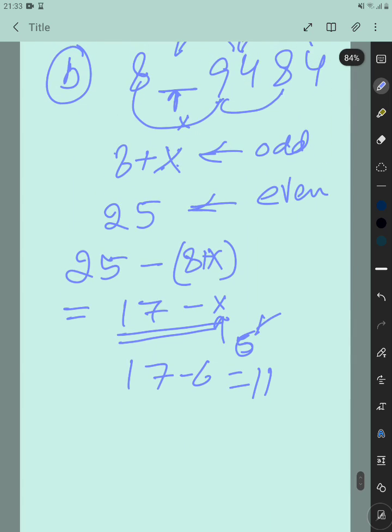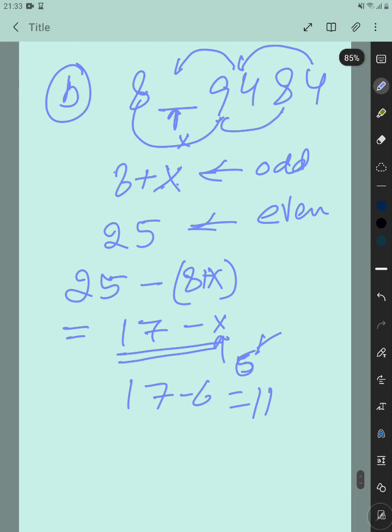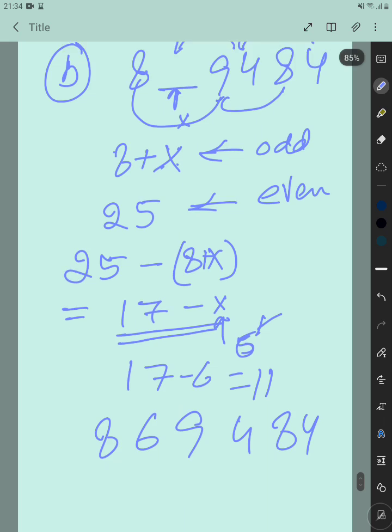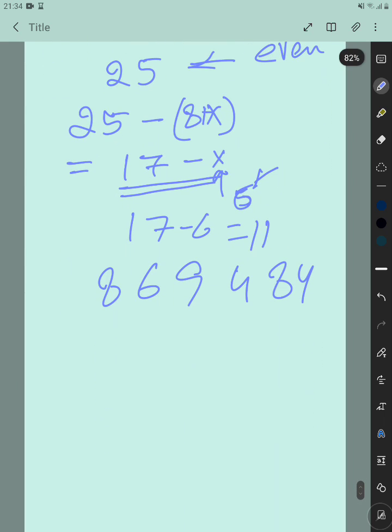So what will the number become? 8, and then the blank space is 6 as we have calculated, and then 9, 4, 8, 4. Now we need to verify the solution. Add the odd places: 4 plus 4 is 8, and 6 is 14.